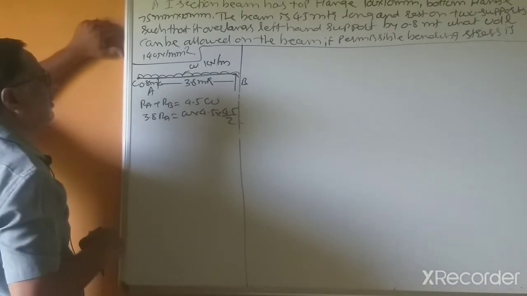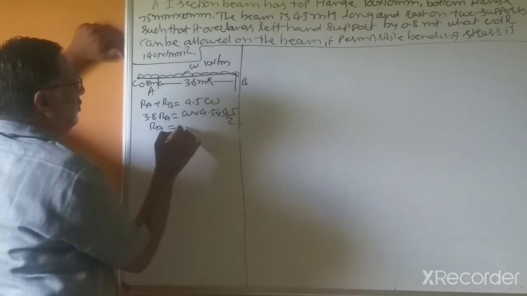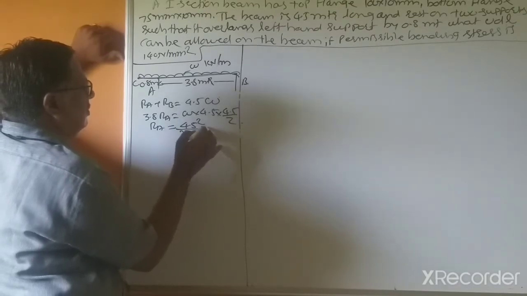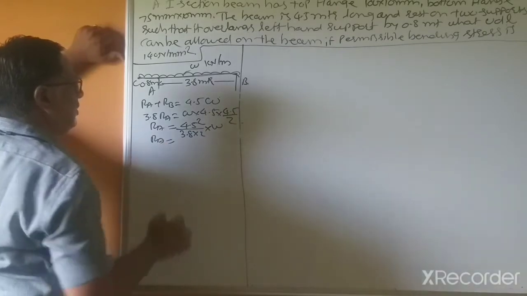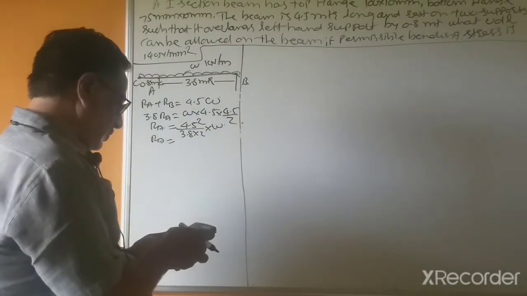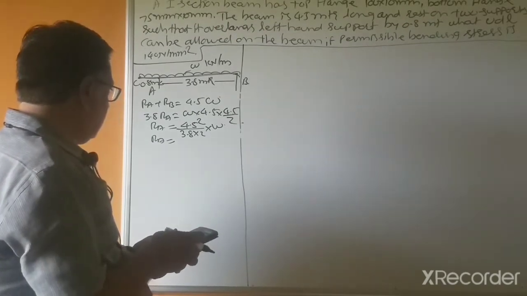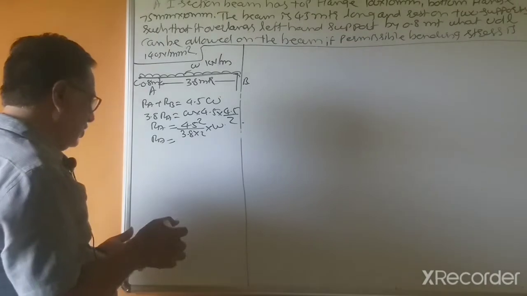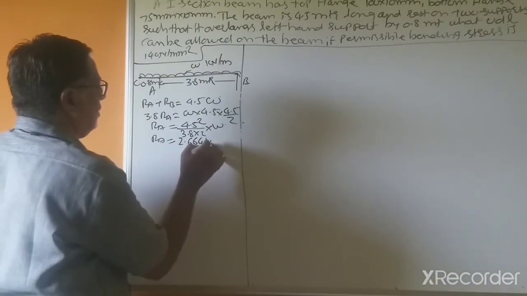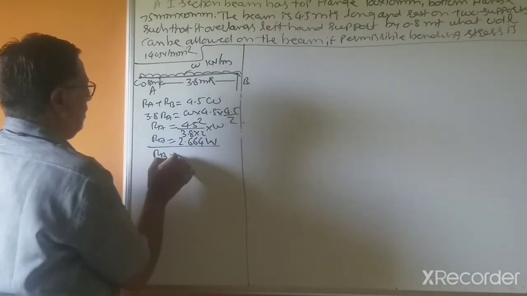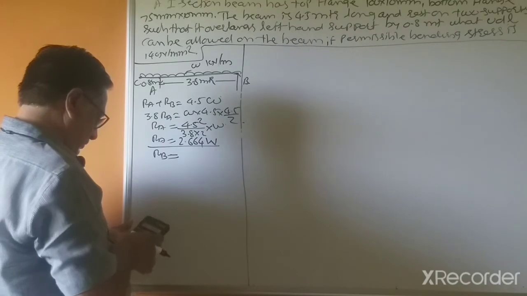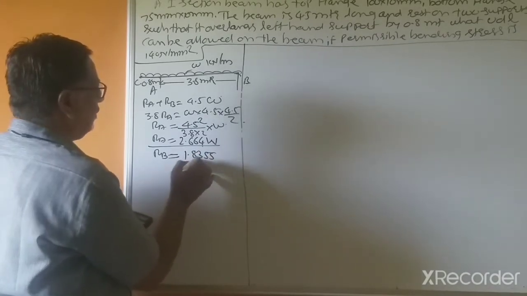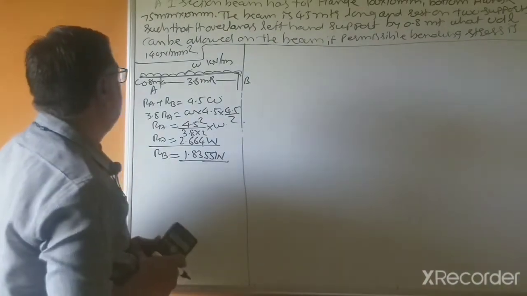So RA equals 4.5 squared divided by 3.8 into 2 and into W, which is 2.664 W. RB equals 1.8355 W. I think this is correct.